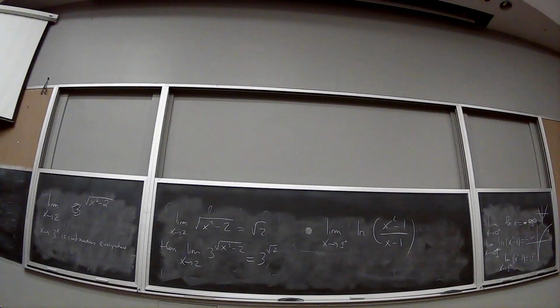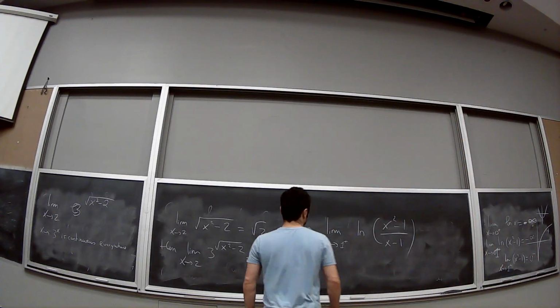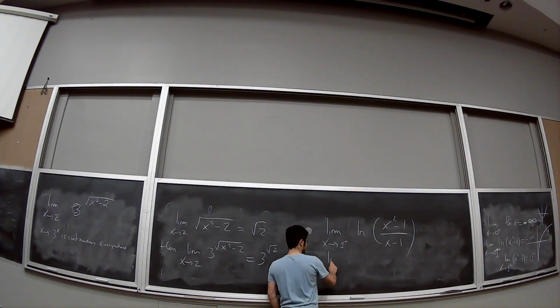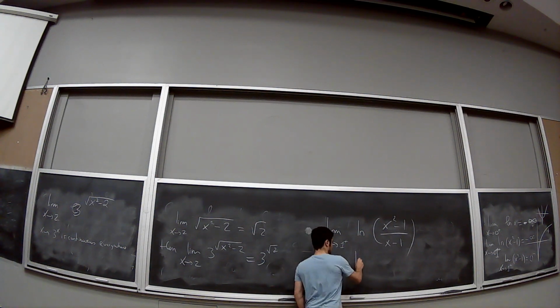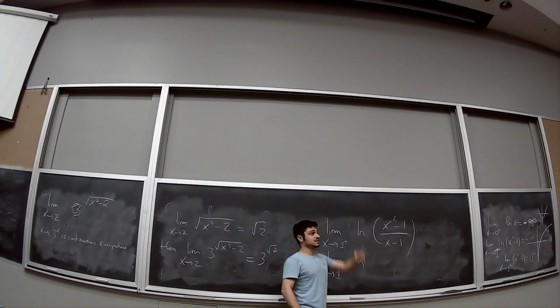What is that? Is my thing defined at x equal 1? Is it defined? No, because the thing inside the ln is a rational function, right? And the denominator is 0 at x equal 1. Great. Now what can I do here? What happens here? Can I do something? Yes.